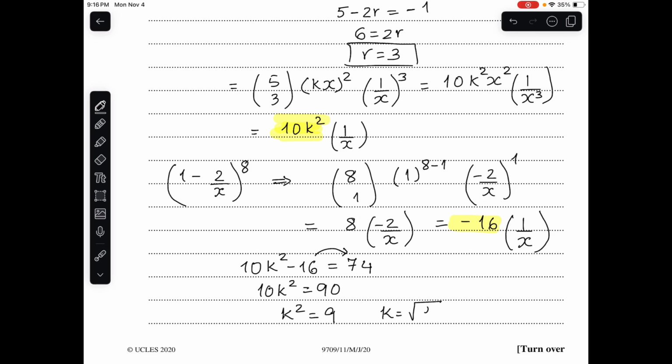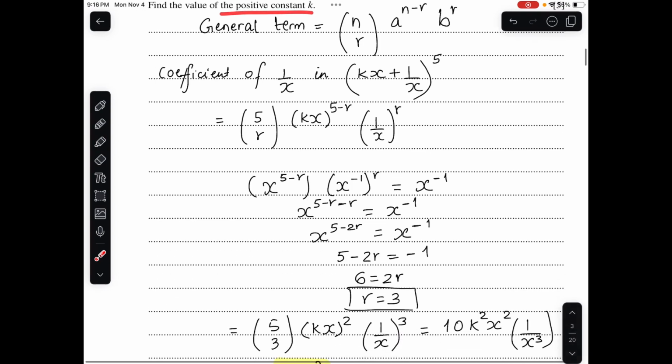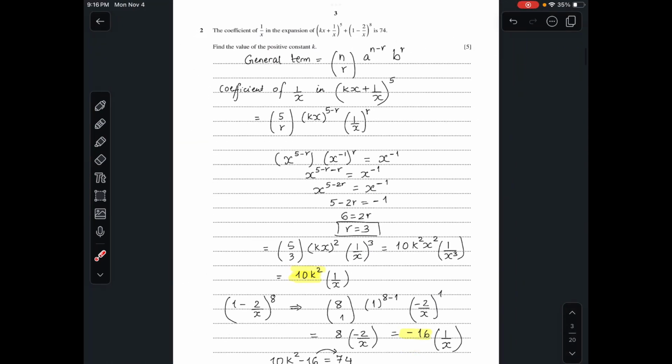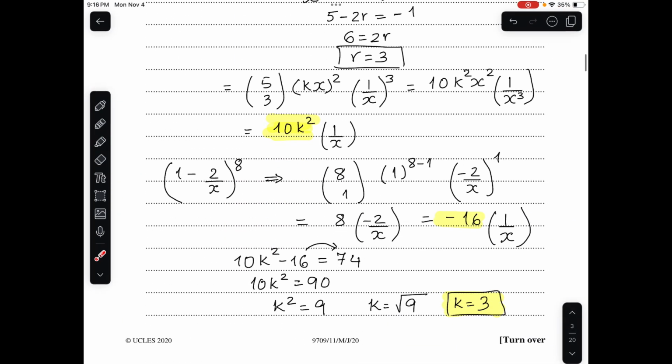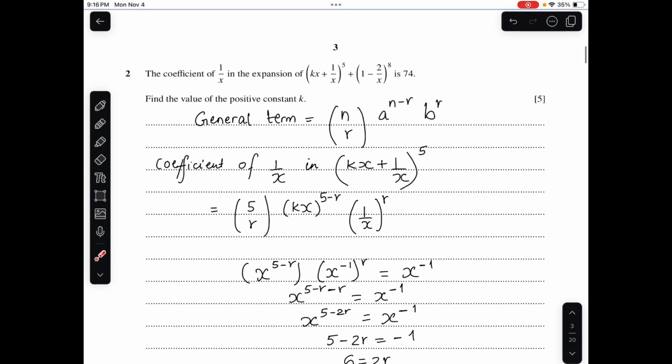So k is positive square root of 9, or k is equal to 3. We have taken only the positive square root of 9 because the question mentions that k is a positive constant. So that's about it. So you have got k equal to 3, and that's the solution for question number 2.